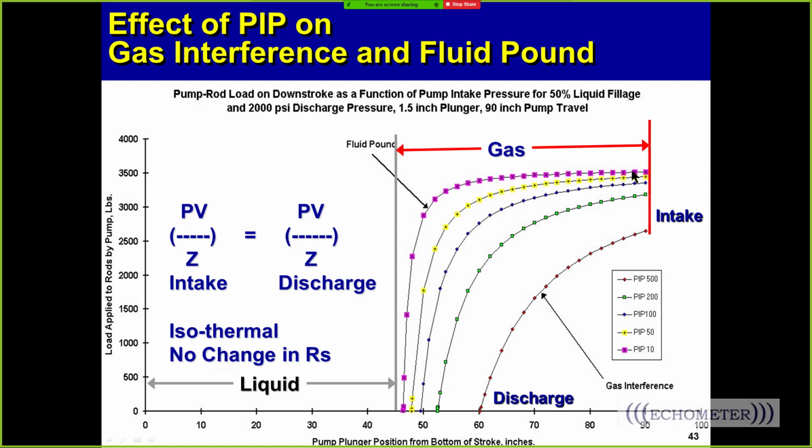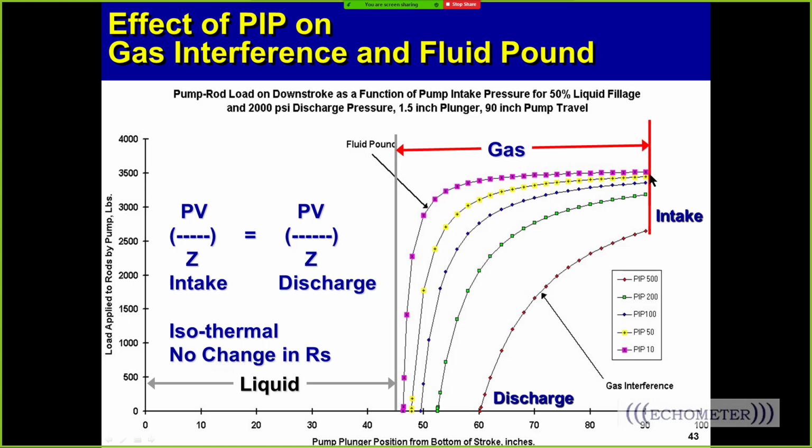And so we're not really seeing any change in load on the downstroke as the plunger moves down to compress the gas. But now we move from here to here about halfway, and it goes from 20 to 40. Halfway it goes to 80, and halfway it goes to 160, and now it quickly increases until when the trailing valve opens, there's only about 2 inches of gas inside the pump chamber, when the pump intake pressure was 10 psi at the intake.